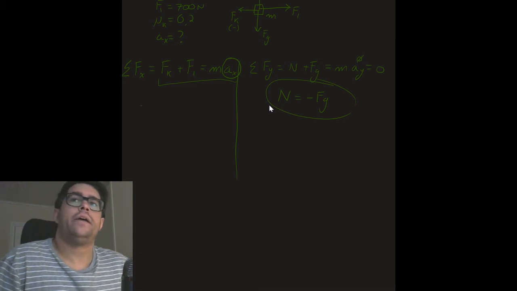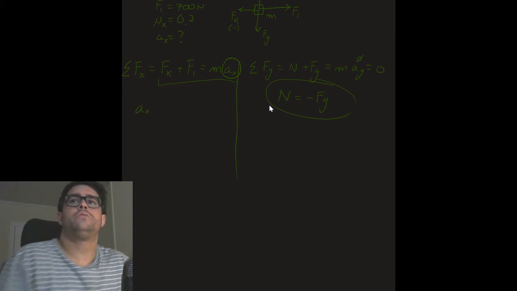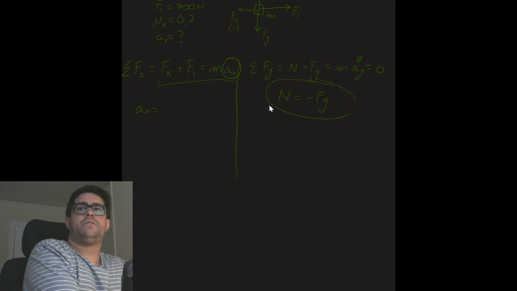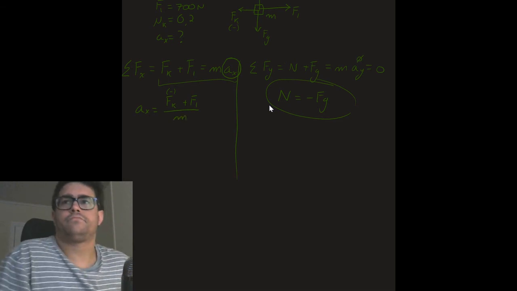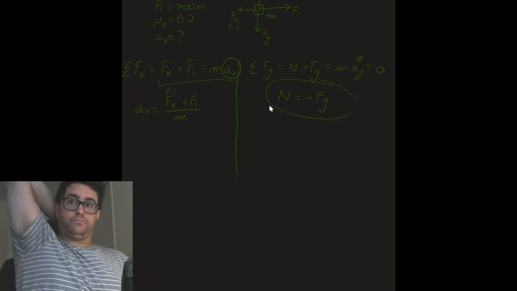So we could rewrite our formula. ax is equal to Fk, which is negative Fk by the way, plus F1 over m. Simply divide both sides by m.